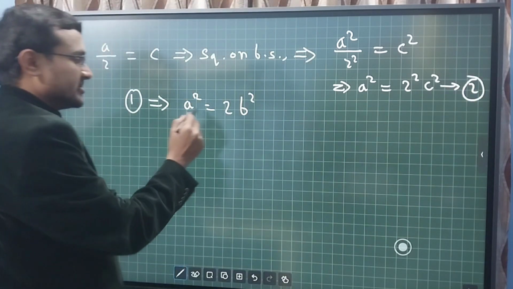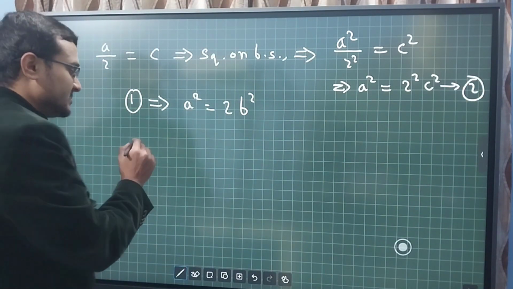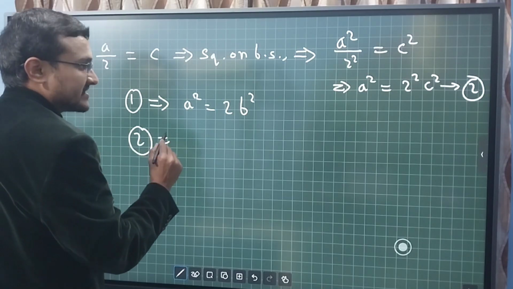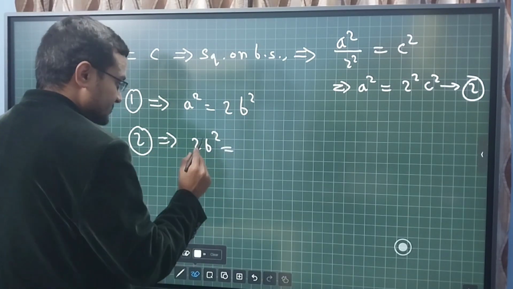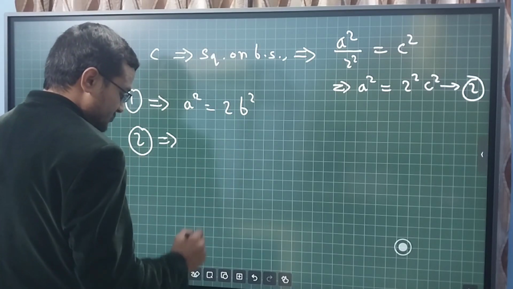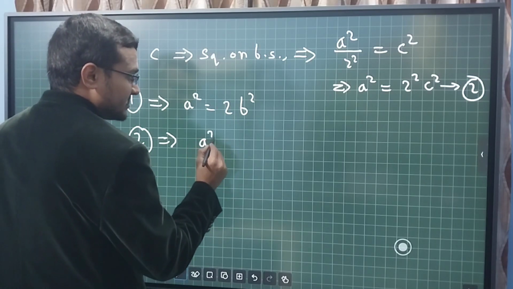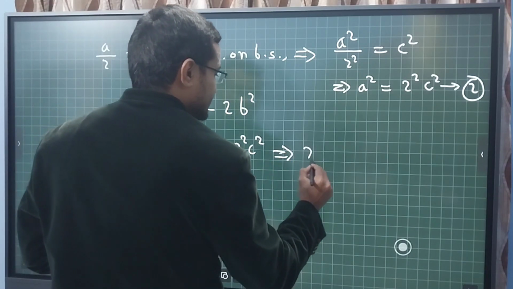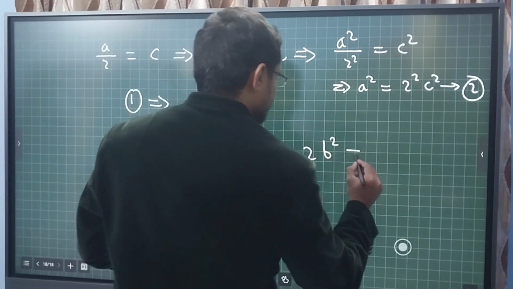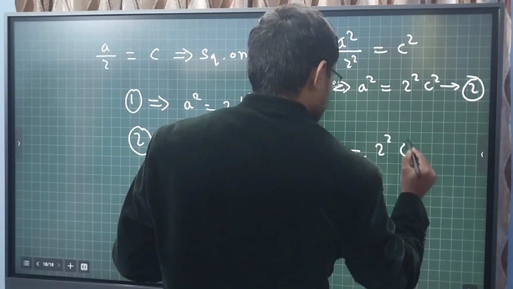So now according to equation 1, A square is equal to 2B square. Equation 2 is A square is equal to 2 square C square. So this you can write as 2B square is equal to 2 square C square.